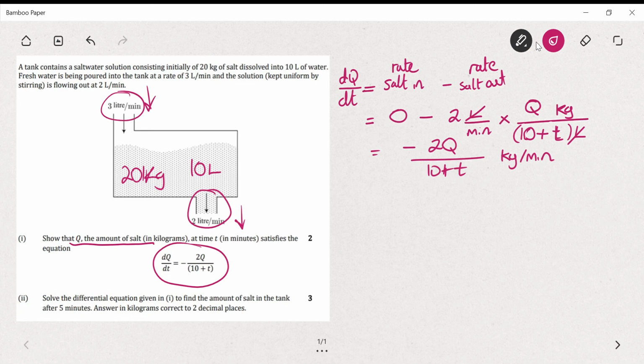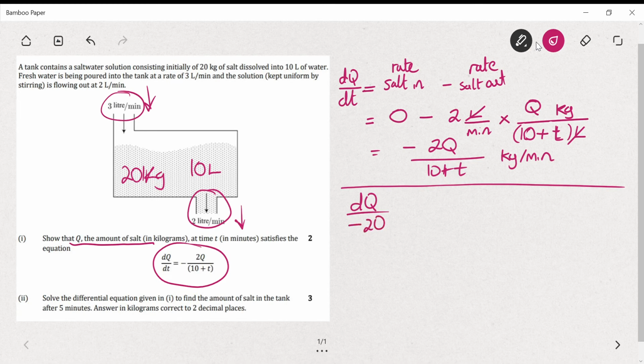Solve the differential equation given in part 1 to find the amount of salt in the tank after 5 minutes. So let's solve it to find the equation for the amount of salt after any number of minutes, and then we'll put 5 in to get it for 5 minutes. So using our differential equation techniques, I'm going to go dQ on minus 2Q equals dt on 10 plus t.